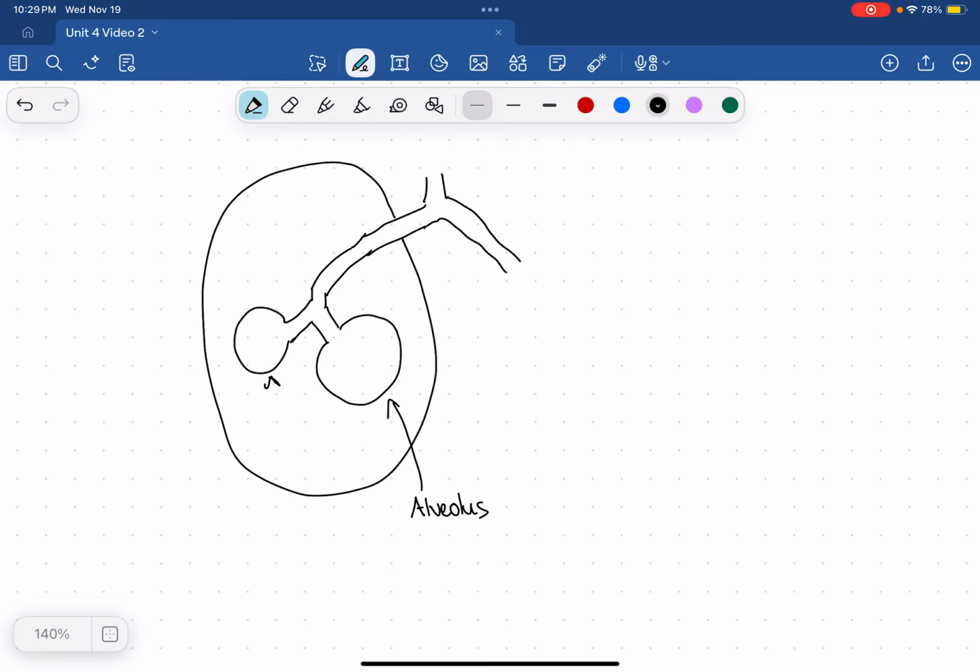Those are the little air sacs that are at the end of the terminal bronchioles. So these pipes here that I drew, these tube-looking things, those are the bronchioles.